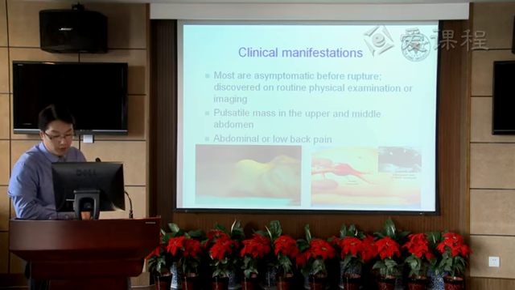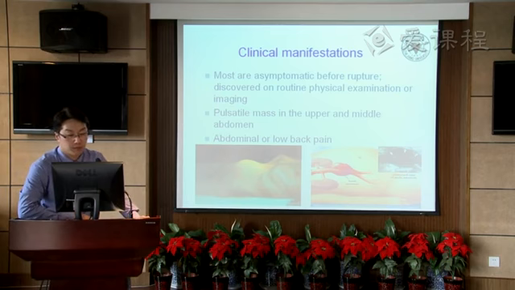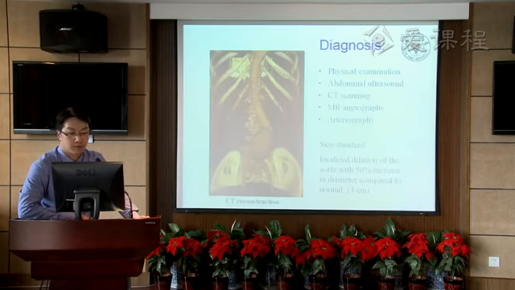This is the ultrasound view of the aortic aneurysm. Diagnosis includes physical examination, abdominal ultrasound, CT scan, and MR angiography. And the last is arteriography.